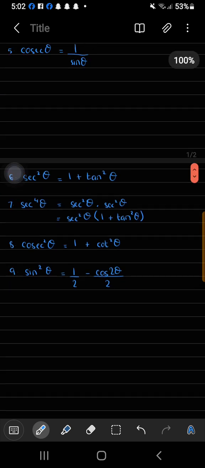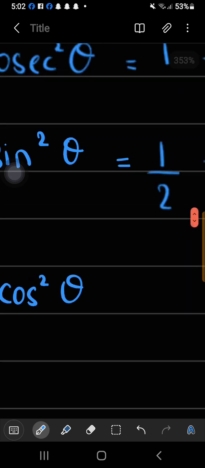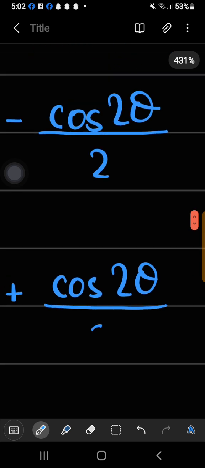Simply, we can write it as 1 minus cos 2 theta divided by 2. Then the 10th property is cos square theta is equal to 1 upon 2 plus cos 2 theta divided by 2.